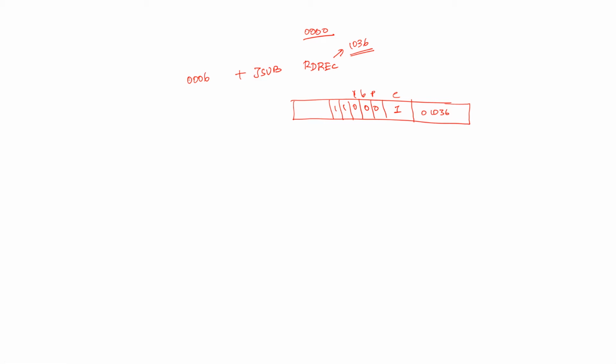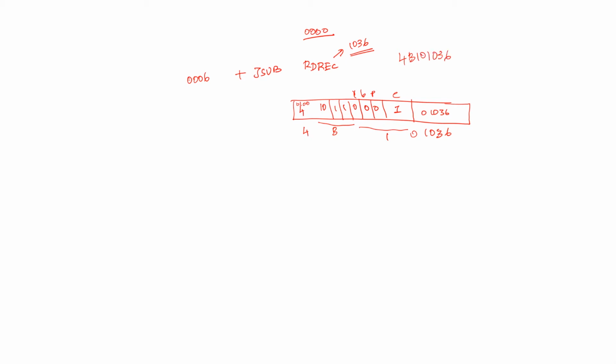Then next we have to see the value for JSUB. So JSUB is 4 and 8. 4 can be specified as 0, 1, 0, 0 and 8 in 2 bits is 1, 0, right? So these 4, 1, 0, 1, 1, 8, 10 and 11. That means B, and here 0, 0, 0, 1. So you get 4B1, yes, 0, 1, 0, 3, 6.